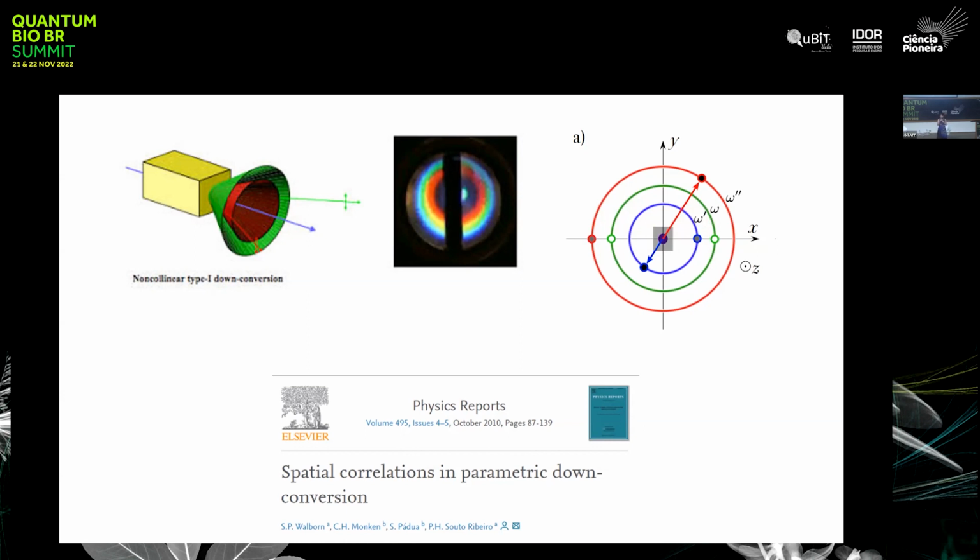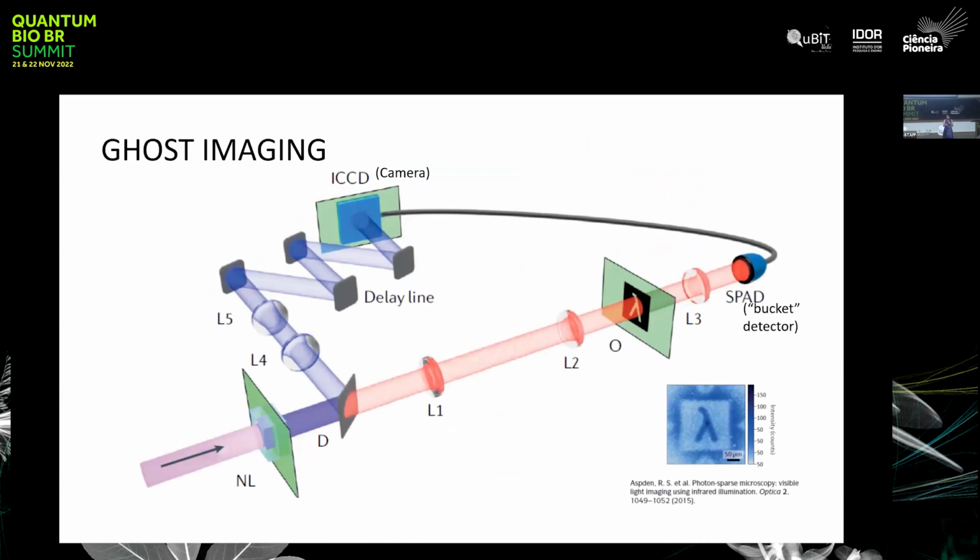Not just because they're different. We can also show not just that the position is anti-correlated, but also the momenta, right? So this is the basis of this kind of imaging, which is possibly the most well-known imaging with quantum states of light that exists today.